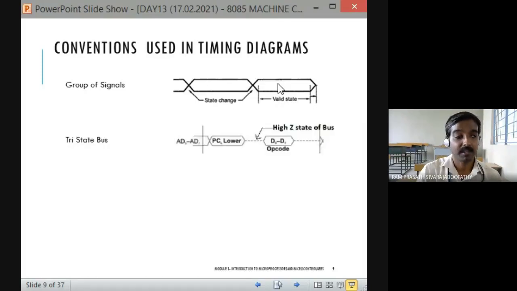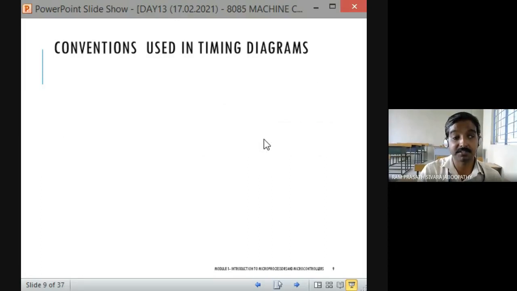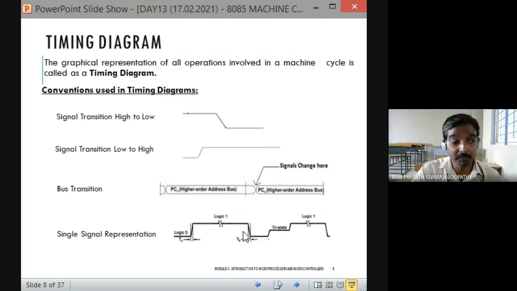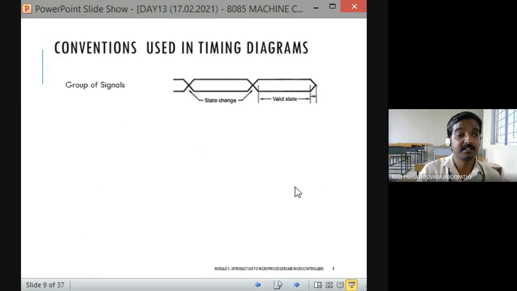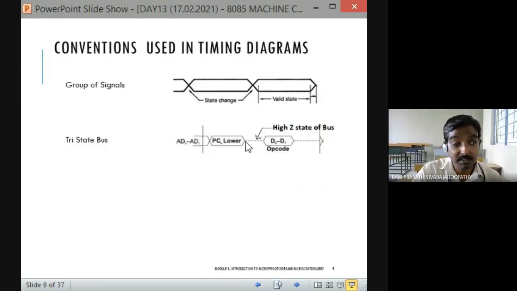Then how do we represent tri-state in a bus? You will see it with dotted lines. Whereas in the case of a single signal, if the line is maintained in between logic 1 and 0, that we call tri-state. In the case of a bus, it can be mentioned with some dotted line, high impedance state or tri-state.